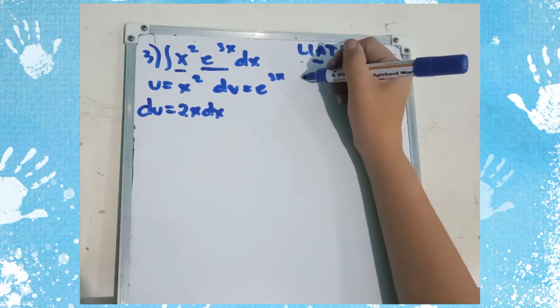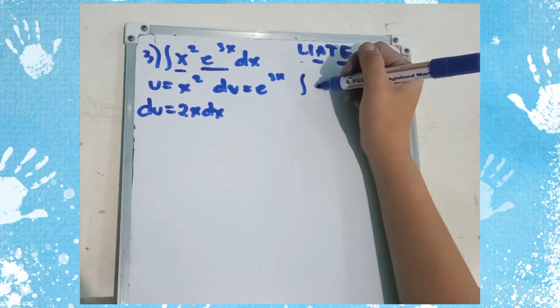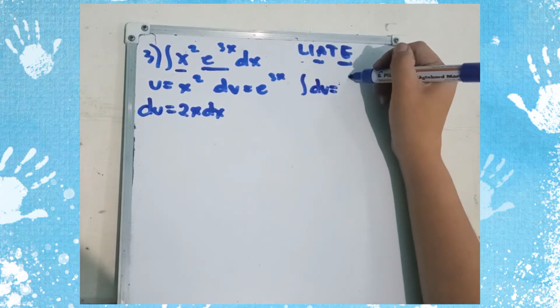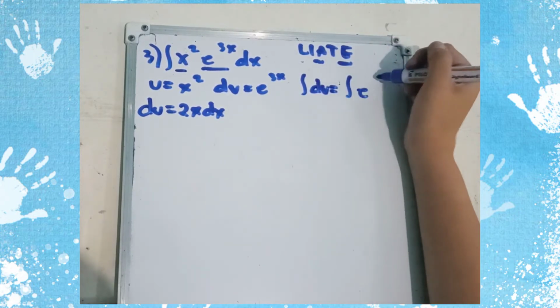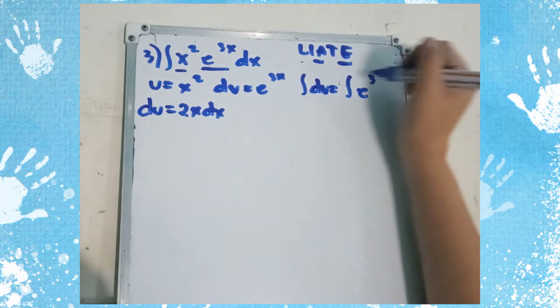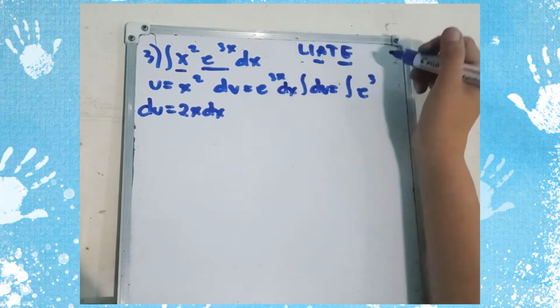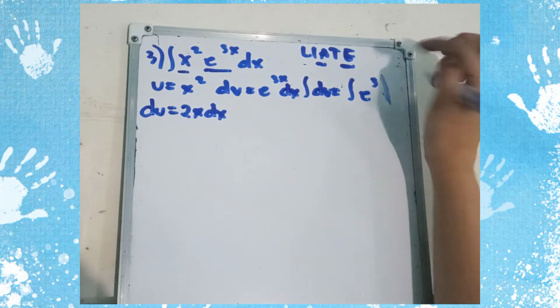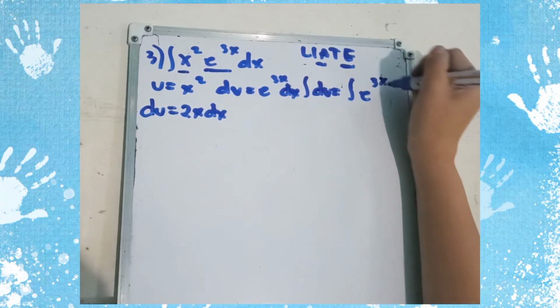So that's the integral of dv, or simply the integral of e to the power of 3x dx.